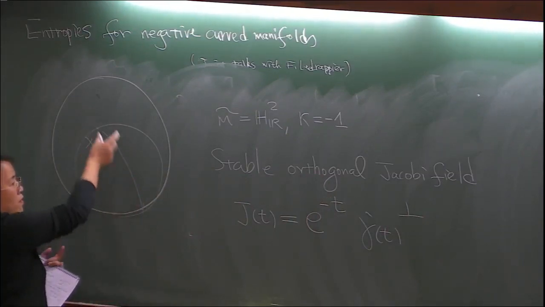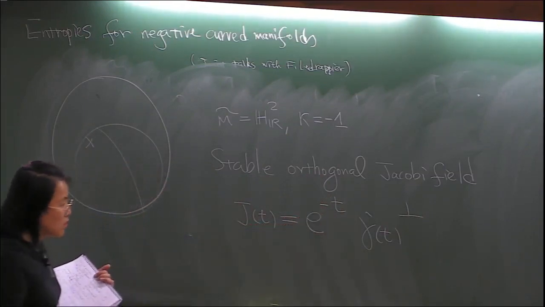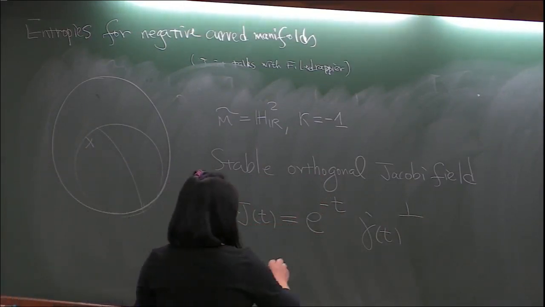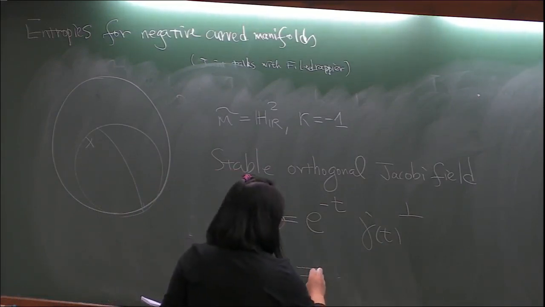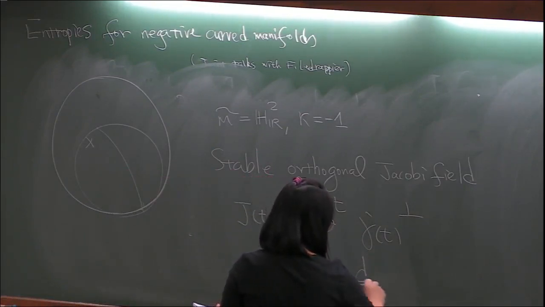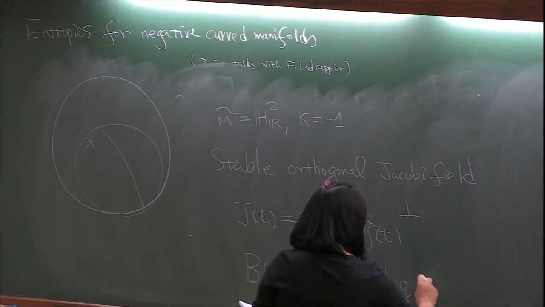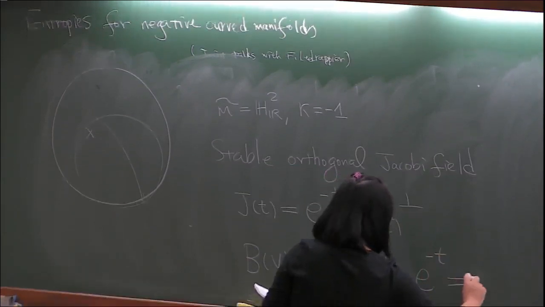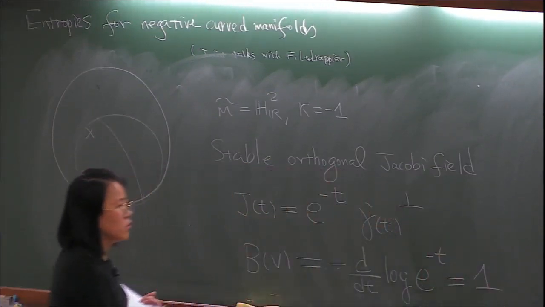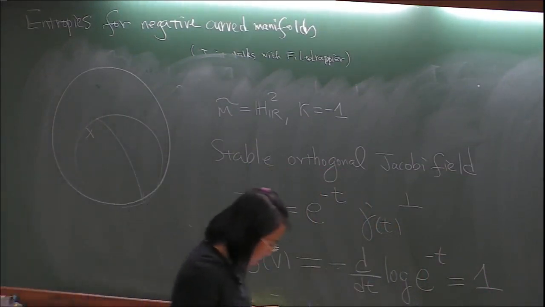So you will have the exponential decay, and the decay rate is just minus 1. And you have your B. From the flow point of view, it's the tangent. This is e to the minus t, so it's 1. The mean curvature of this horocycle field is B.